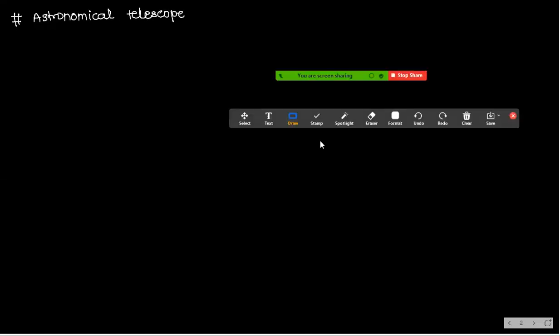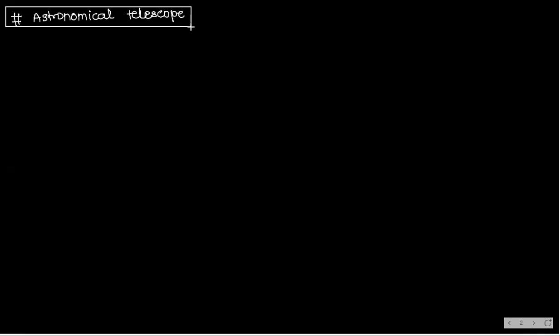So first one, that is astronomical telescope. Listen carefully, very easy. Astronomical telescope is same like compound microscope only.